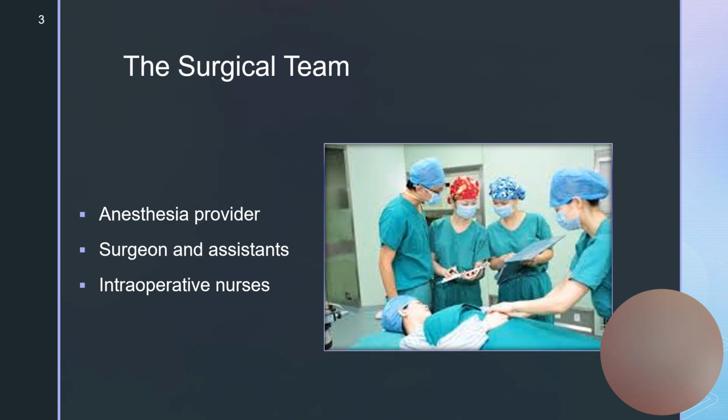This can be a physician, a resident, or certified registered nurse. A second assistant and third assistant may be used to assist the surgeon and the first assistant. And this might be an RN or LPN or surgical technologist. All assistants are going to be sterile members of the team, as is the surgeon.